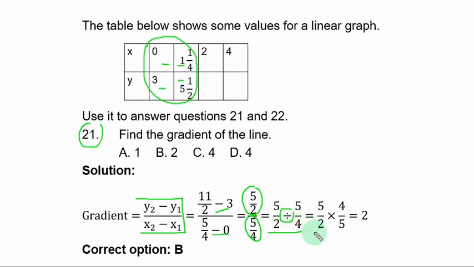So you have 5 over 2 times 4 over 5. So 5, we cancel 5. Divide 4 by 2, you have 2. So B is the correct option.